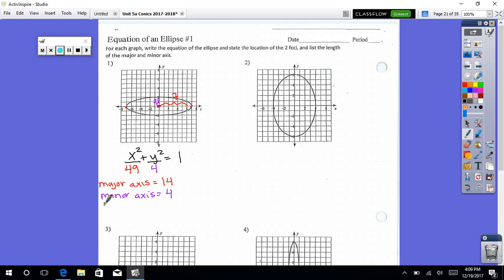And to find our foci, remember they are going to be on the x-axis. They're on this major axis, so that means that our y-coordinate is going to be 0. And to get that, we do big minus little, take the square root. So we have 49 minus 4.